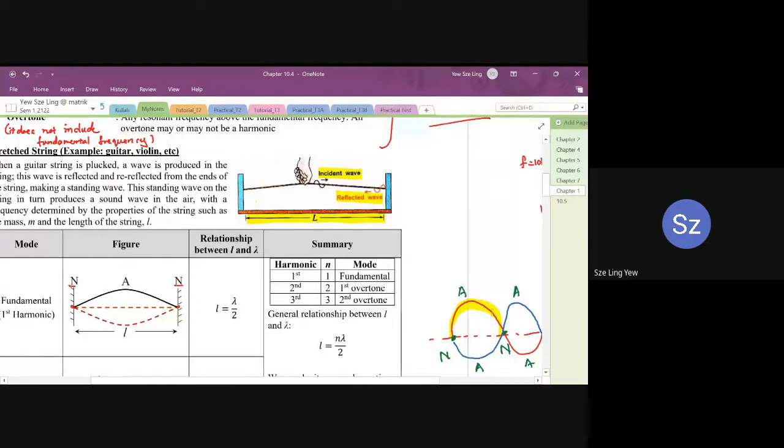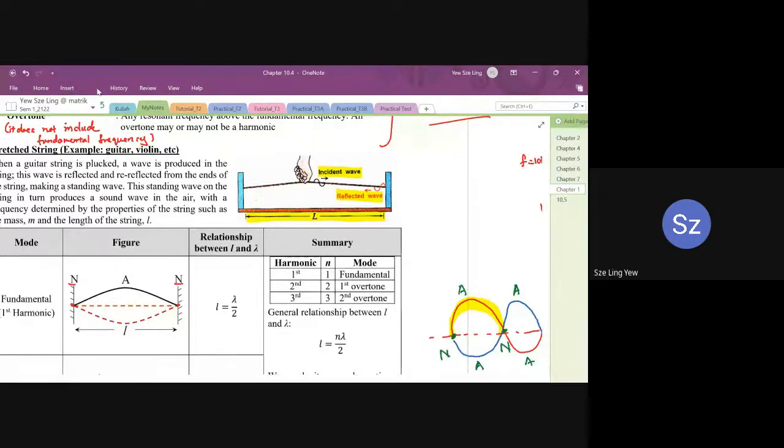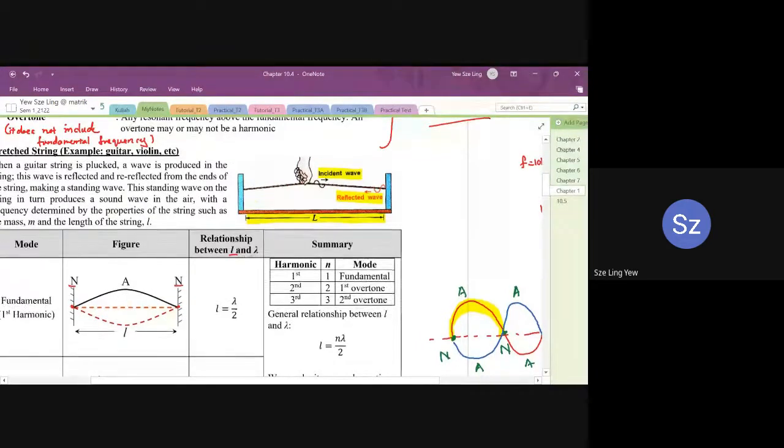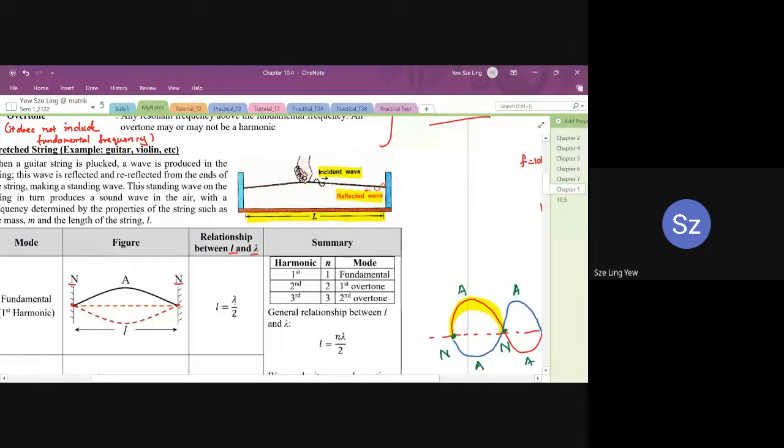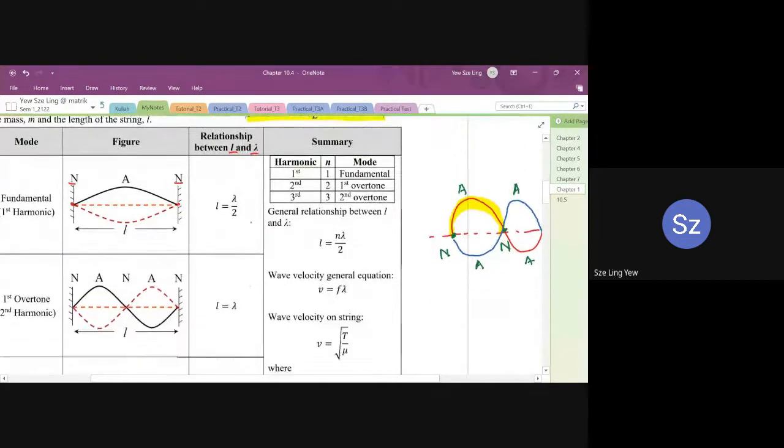So in this case, this is only half a wavelength, not the full wavelength yet. That's why we say between the given length L, we have only half a wavelength. Therefore, the relationship between L and wavelength is L equals lambda over 2. This is the first equation in the table.